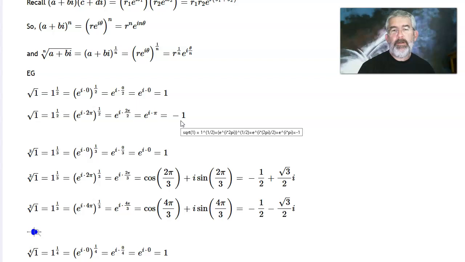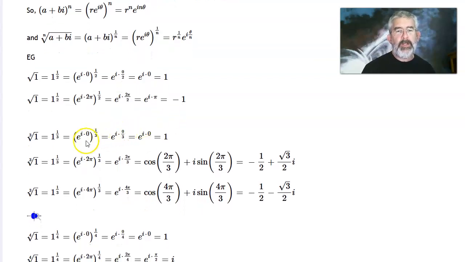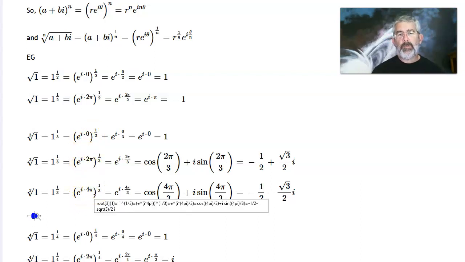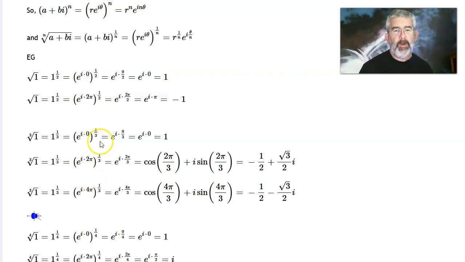Likewise, I could look at the cube roots of 1. I'm going to use e to the i0, or e to the i 2 pi, or e to the i 4 pi. Those are all different ways of representing the number 1. Then I'm going to raise them to the 1/3 power to take the cube root. For this one, I still get e to the i0, which is 1. Yes, 1 is its own cube root.